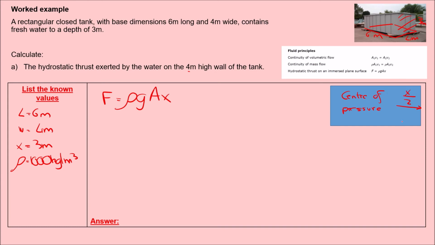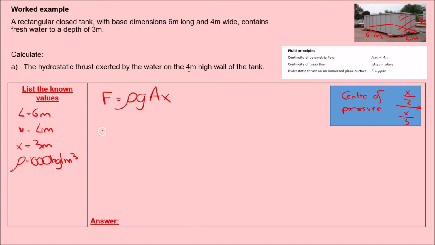You may also see it written as x divided by 3, which is actually the more accurate way to do it. But for this activity and any of these exam questions that you're going to get, we're going to use centre of pressure is x divided by 2. Basically we're finding a distance here, and that distance is dependent on the height of the fluid itself.